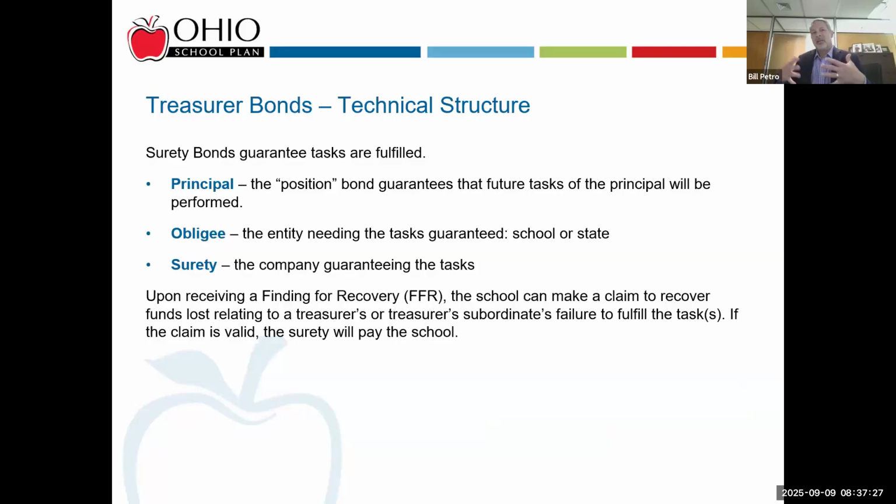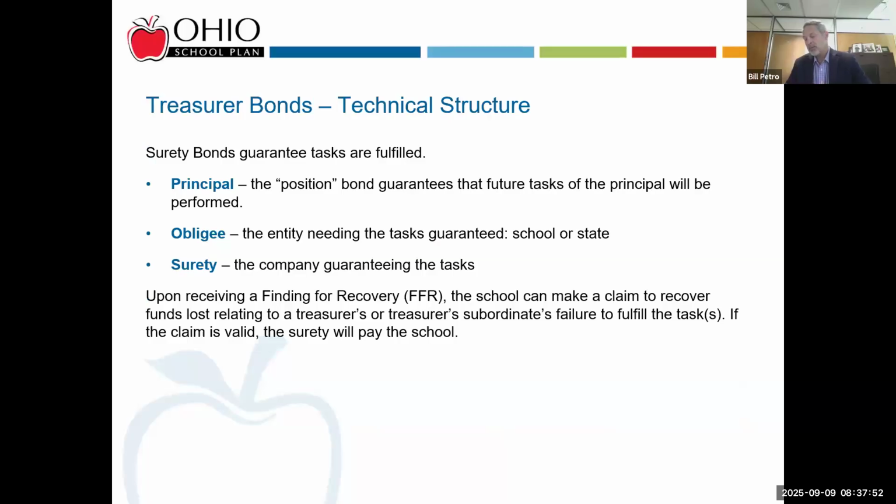So to get into the technical structure of this third bucket, the treasurer's bond in this case, which you would be most familiar with, because your treasurers are bonded, they have to be bonded by the state. The surety bond guarantees that the tasks of the treasurer are being fulfilled.